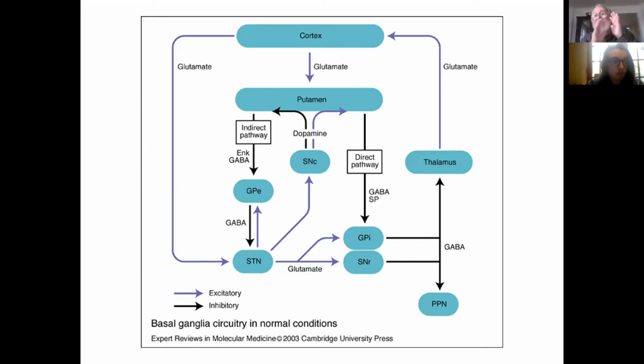Now, on top of that, we have that in terms of what? Very short-term things, because we're getting sensory events coming into the thalamus, we're getting cortical events, making decisions, telling the putamen to work, so that we can have a behavior.